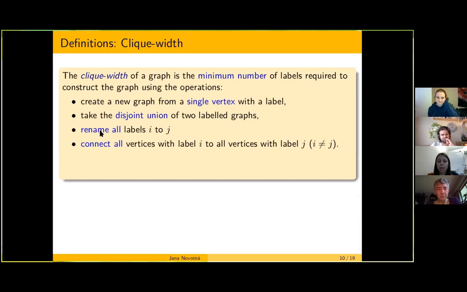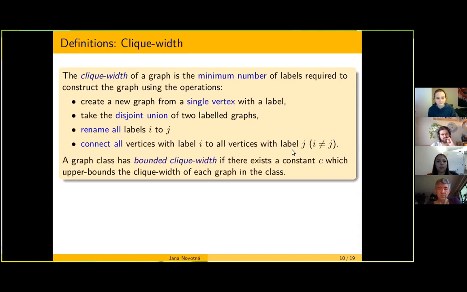You can rename all labels i to j, and you can connect all vertices with label i to all vertices with label j. We say that a graph class has bounded Clique-width if there exists a constant which upper bounds the Clique-width of each graph in the class.